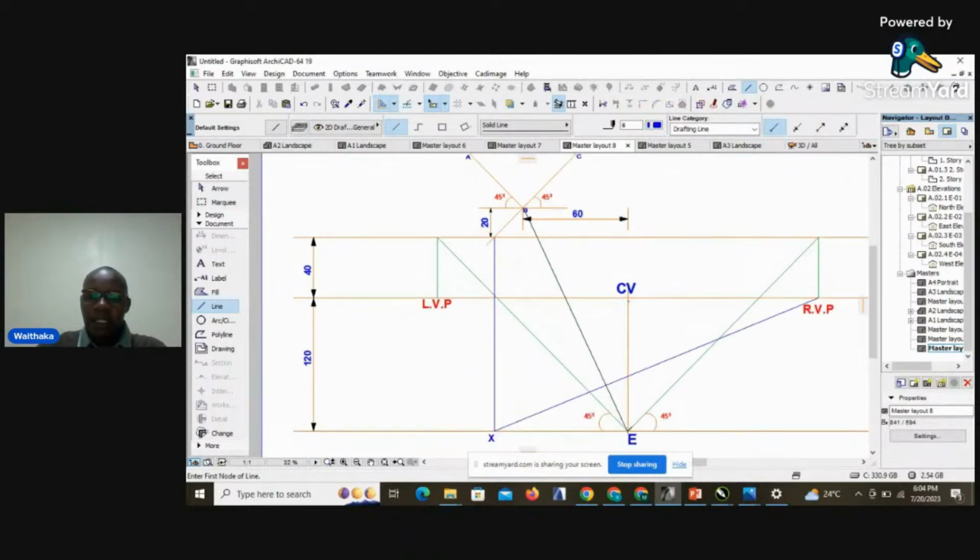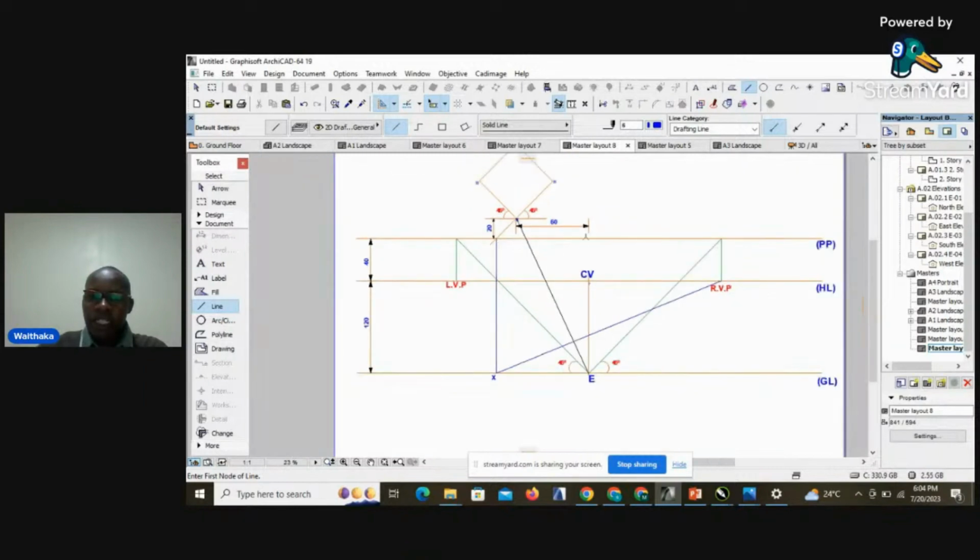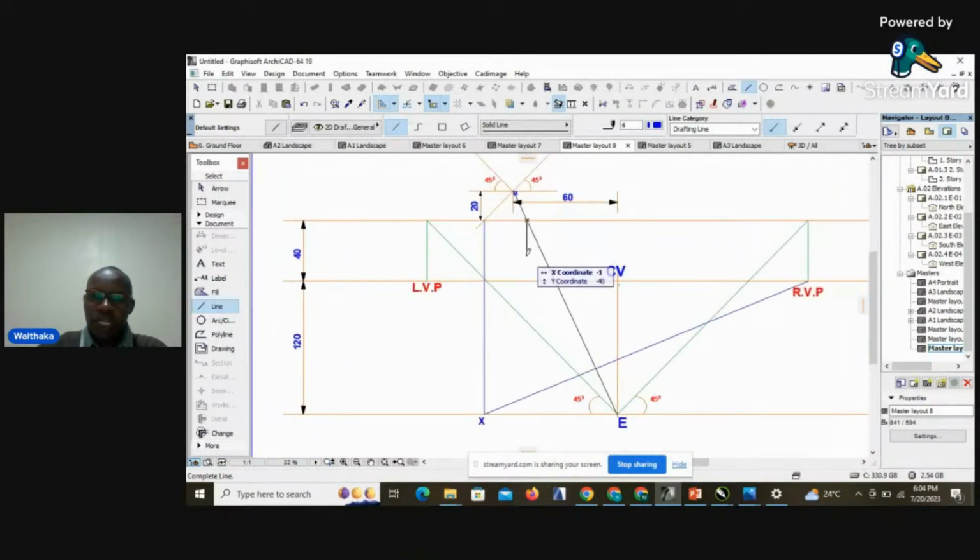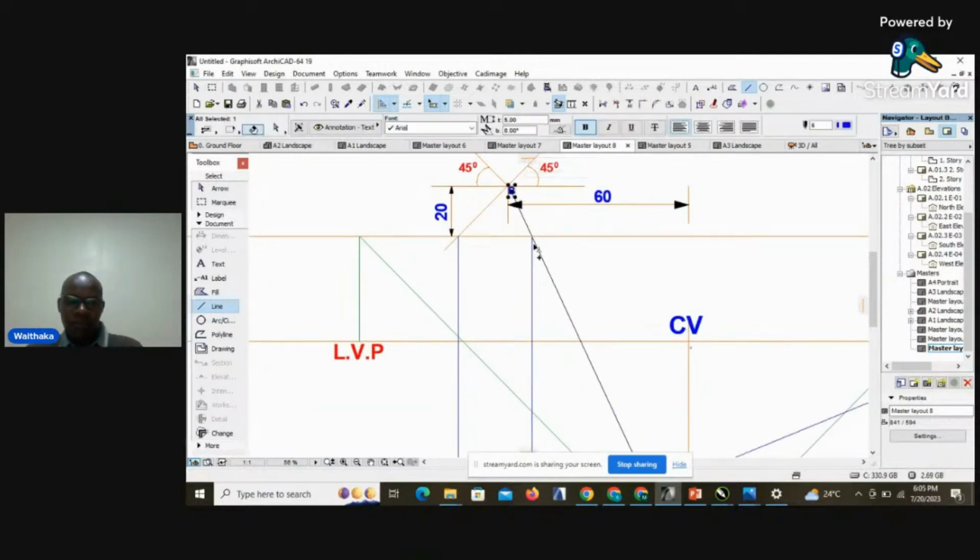So that line is a reference line from point B to point E. Then where that line cuts the picture plane, we draw a vertical line downwards until it cuts the line that is coming from point X, and then we will generate point B.